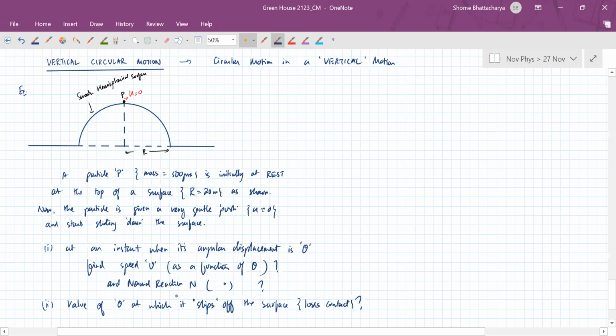We will find one more thing as a function of theta. We'll also find the centripetal acceleration and tangential accelerations as functions of theta.